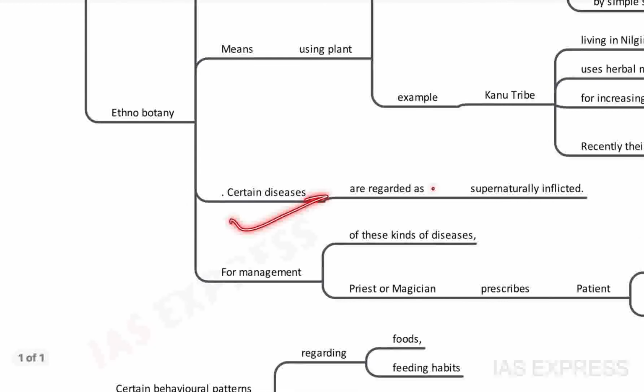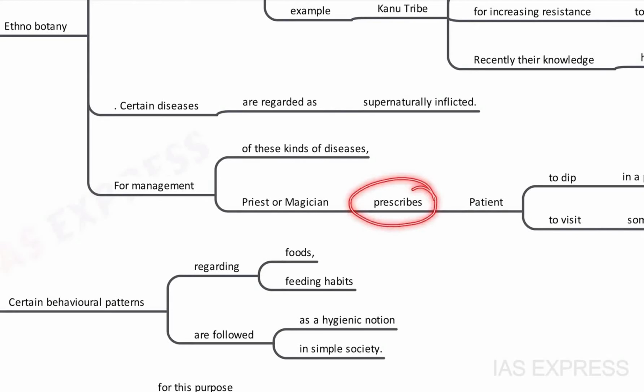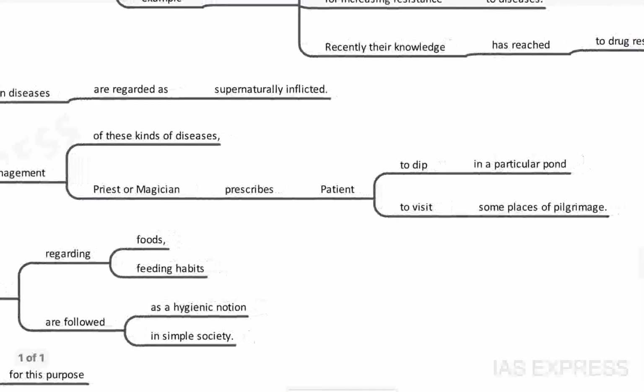Certain diseases are regarded as supernaturally inflicted, as I have told you before, and for management of these kinds of diseases, a priest or a magician, or someone who practices witchcraft, prescribes that the patient take a dip in a particular pond, visit some places of pilgrimage, do some dan dharma, or give some donations to people.